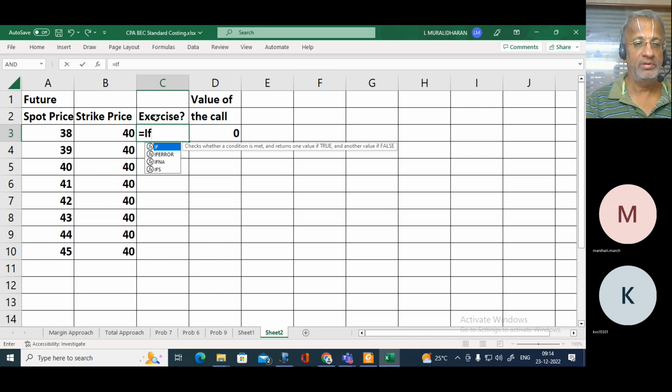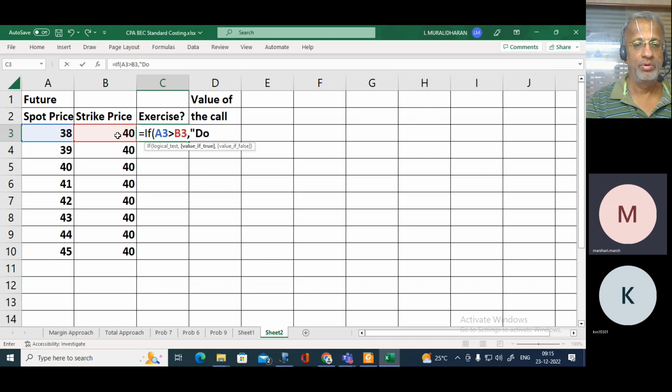If yes, greater than 40, greater than B3, do not exercise. Shall you put it like that?